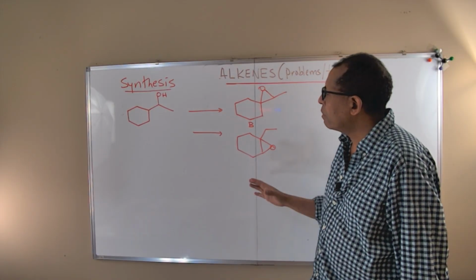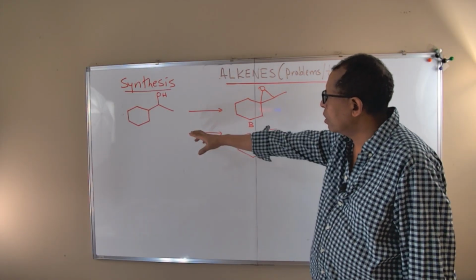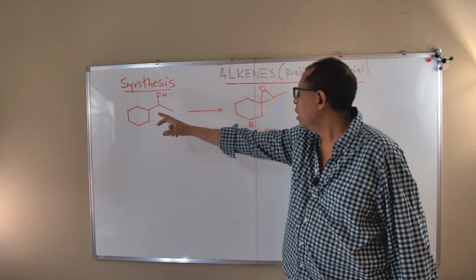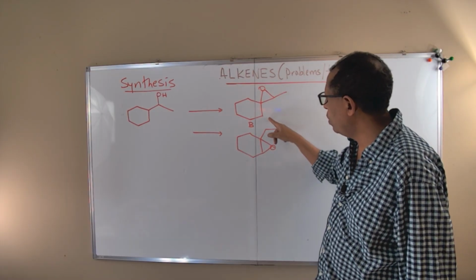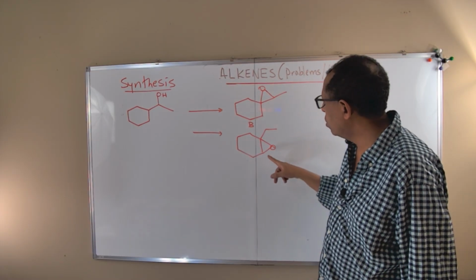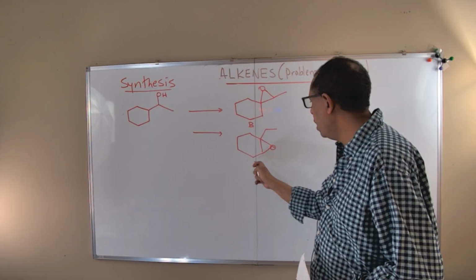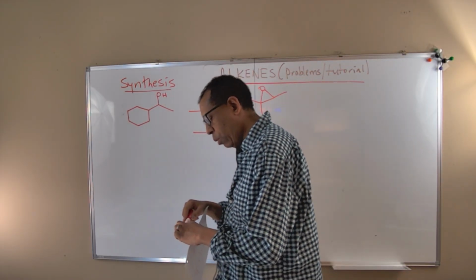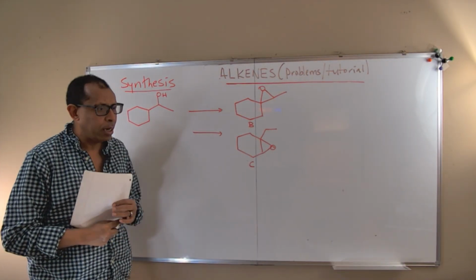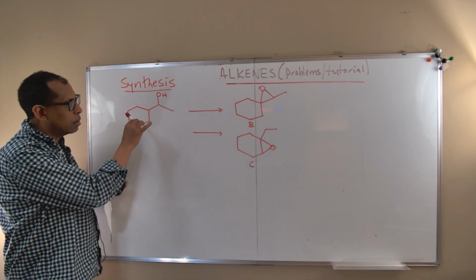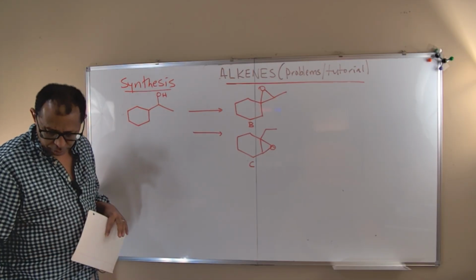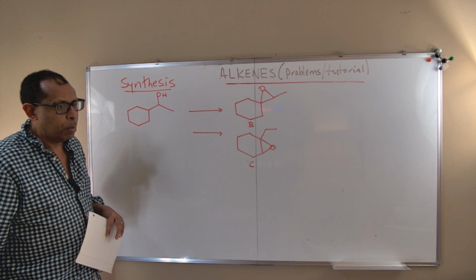Okay, in this final question, you see here this alcohol is converted to B or to C, and the question is you are required to design a synthesis, multi-step synthesis. Obviously cannot make it in one step.